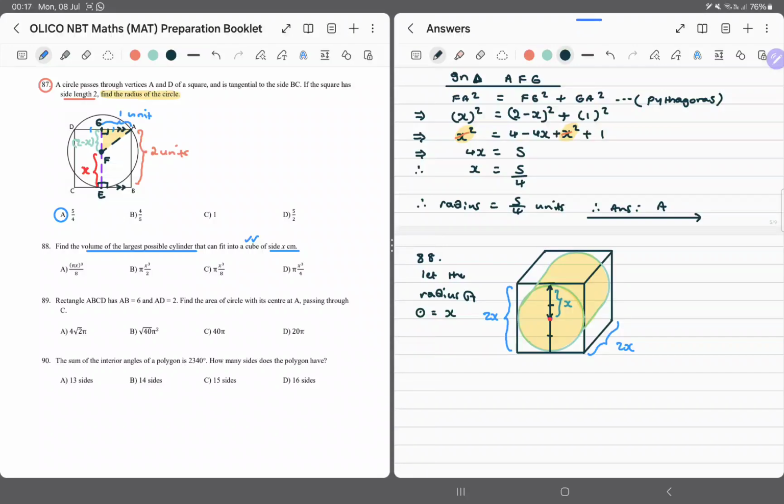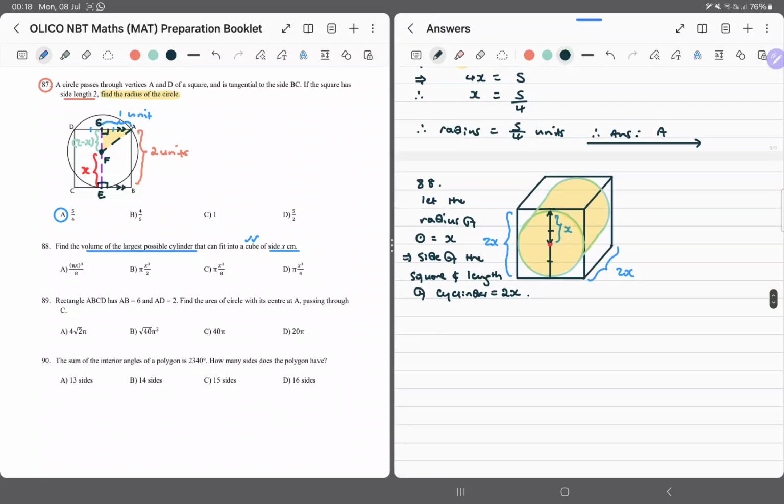Okay, so this means that the side of the square as well as length of cylinder is going to be basically 2x. Okay, so this is what all of this story means.